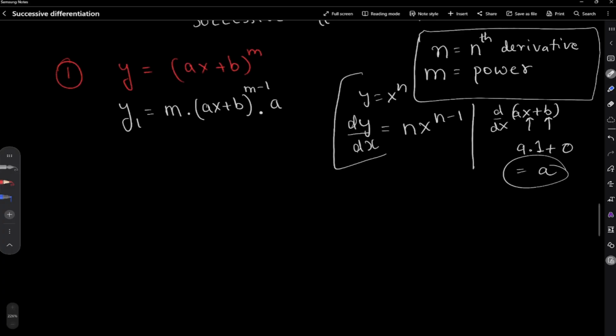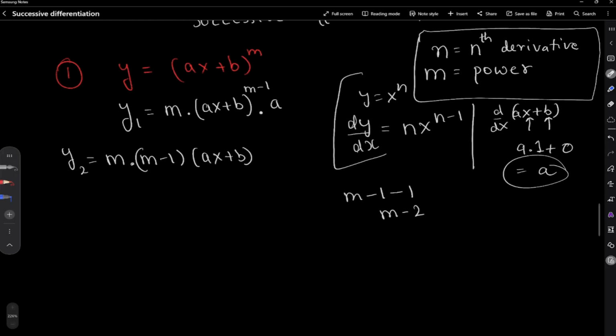The second derivative will be m. This m minus 1 will come down, so times m minus 1. This is important to understand. And then 1 is subtracted from the power of ax plus b, m minus 1, and then 1 is subtracted, so m minus 2.